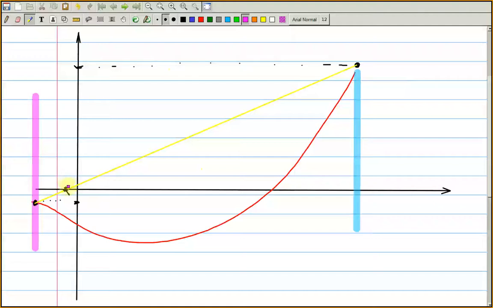So if this is a new location, let me highlight it in green. So here's our new range.